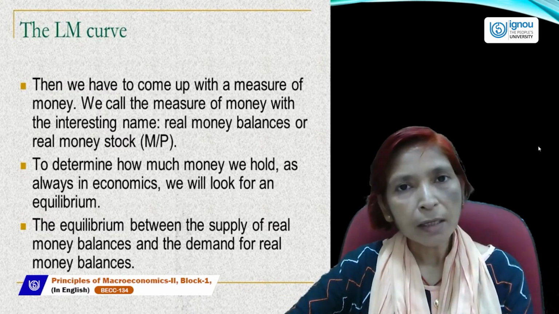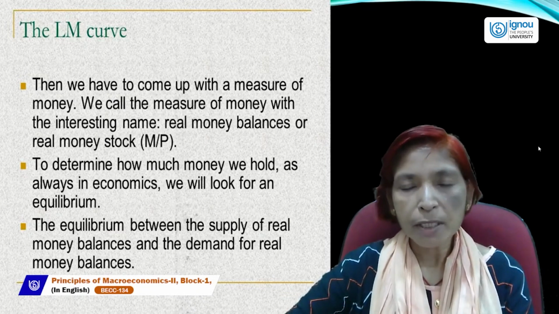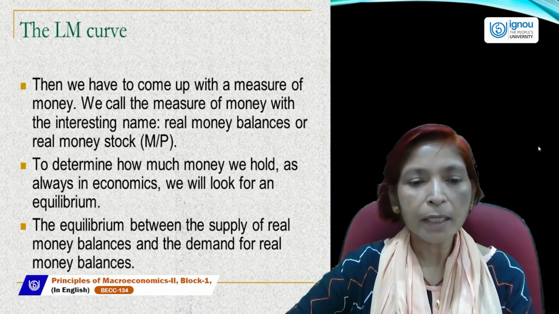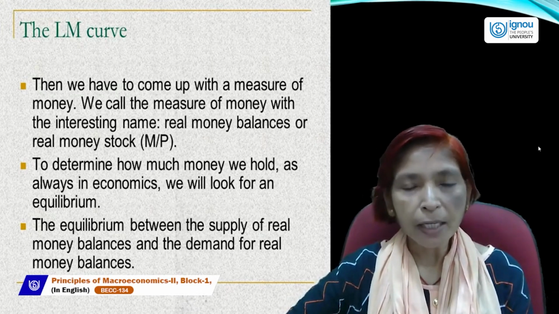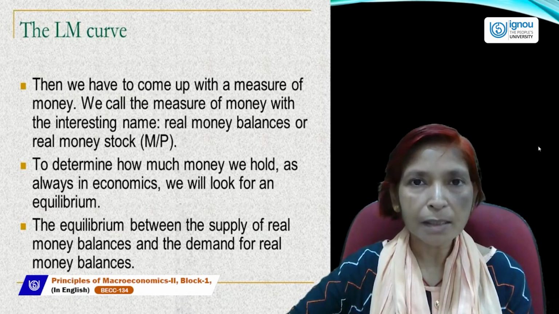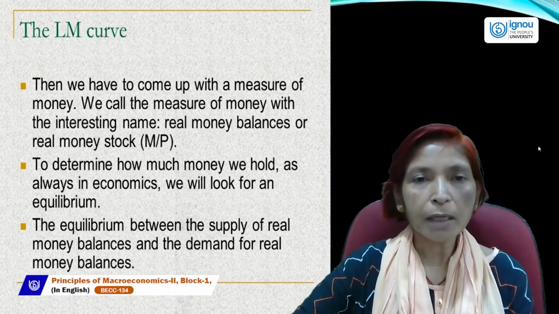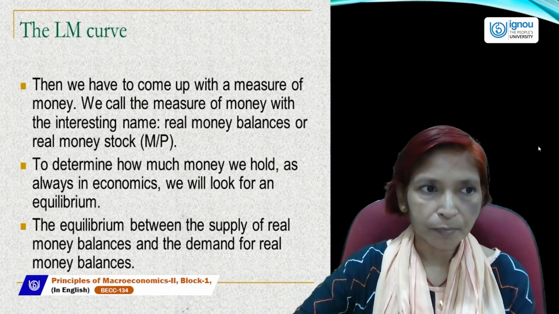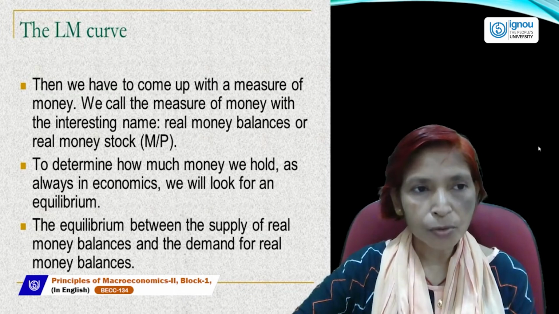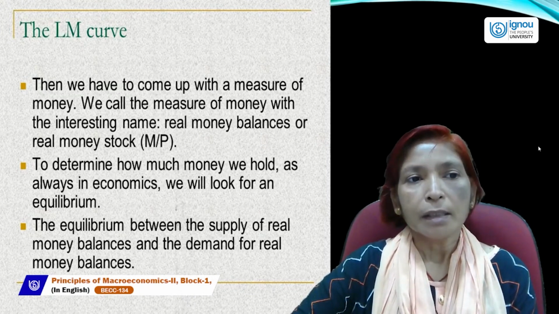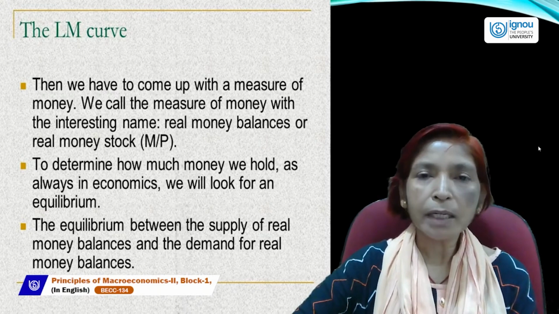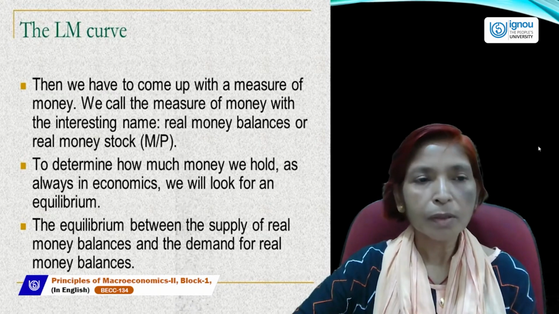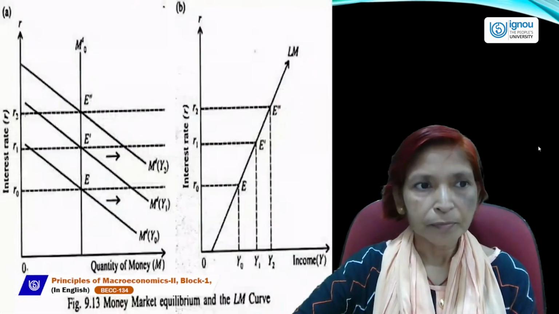Holding money in cash form represents L, or money demand. The equilibrium between the supply of real money balances and the demand for real money balances is called money market equilibrium. So the LM curve shows the equilibrium under the money market where money demand is equal to money supply.